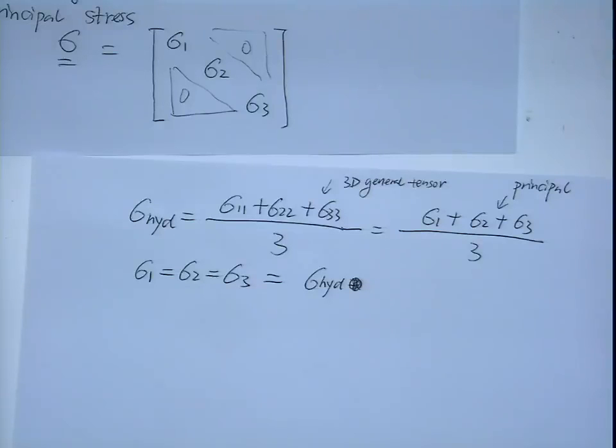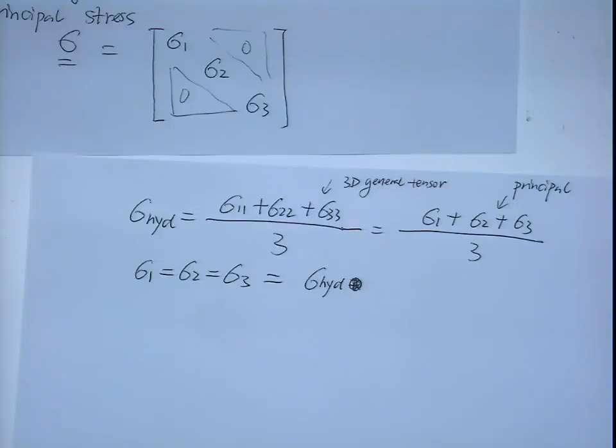Because in the experiment, when we load the material in this hydrostatic stress, like putting it in water or oil, it doesn't introduce any plastic deformation in the material. The material just shrinks or expands in volume, but doesn't change shape.